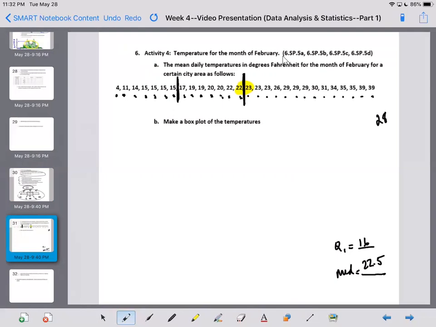And then I want to do the same over here. So I'm not going to count. I'm going to start with 23. And so my next one would be between 29 and 30. And so Q3 would be 29 and a half.